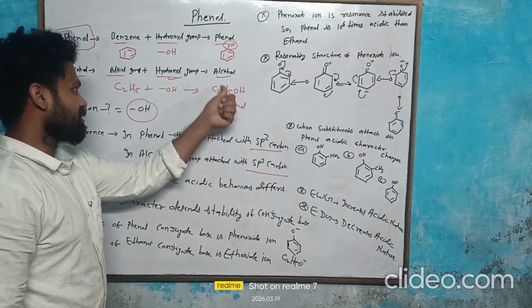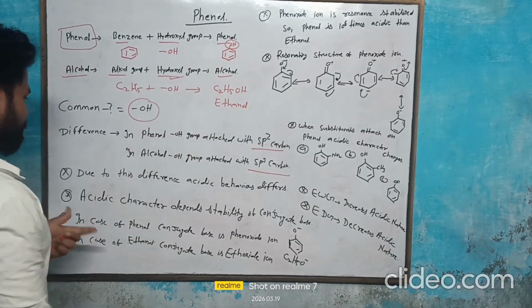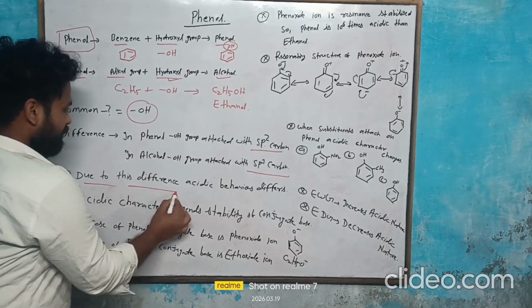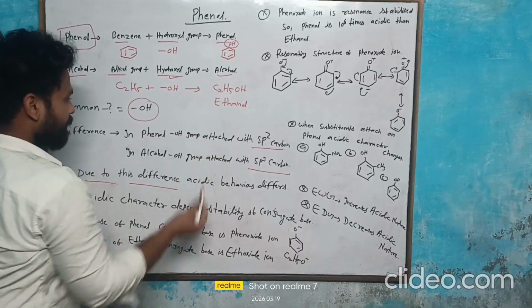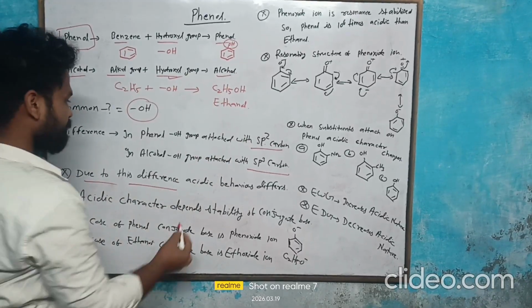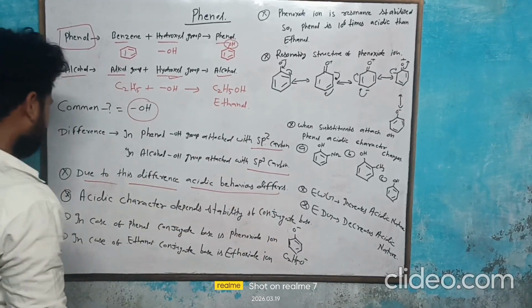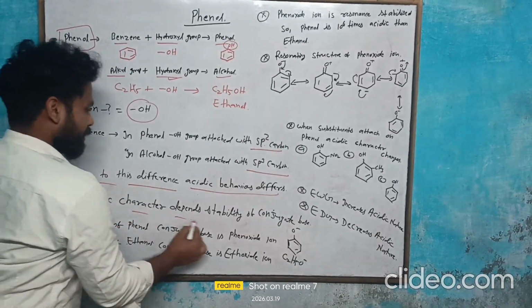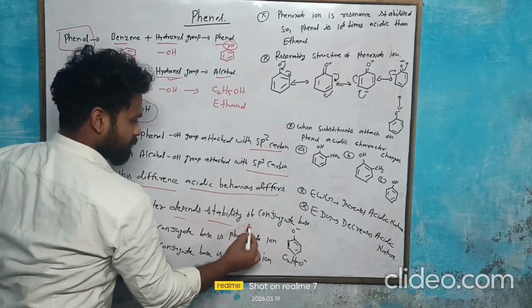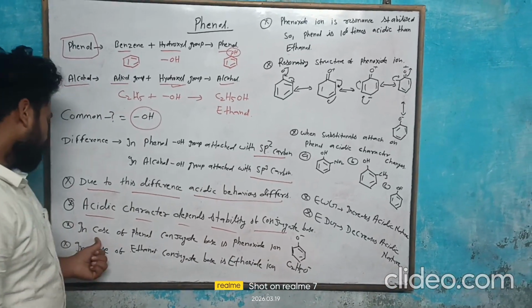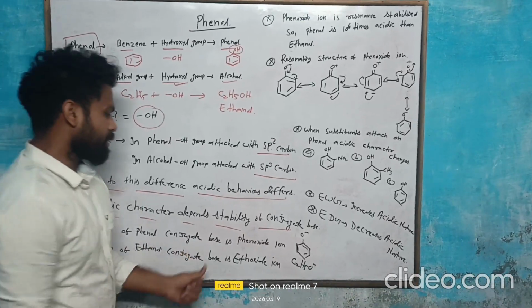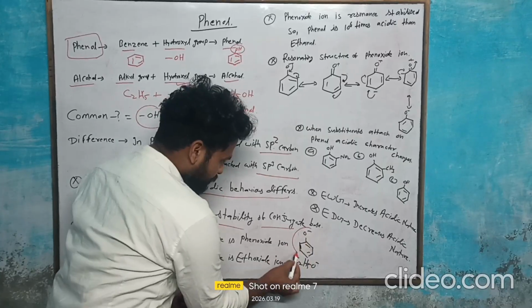This is the main difference between phenol and alcohol, and due to this difference, the attachment of the hydroxyl group with different hybridization of carbon, acidic behavior differs. Acidic character depends on the stability of the conjugate base.